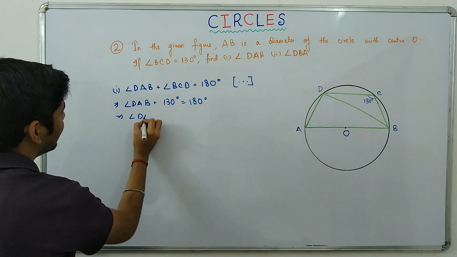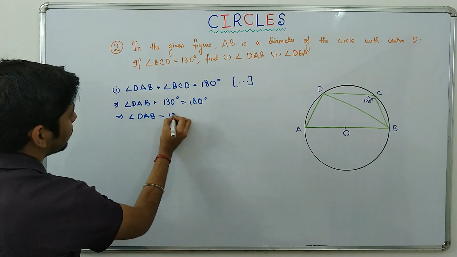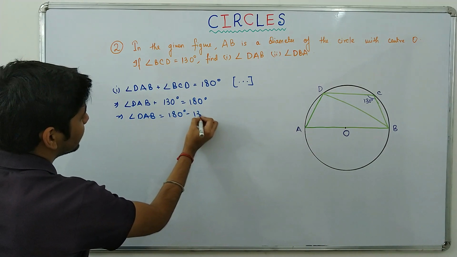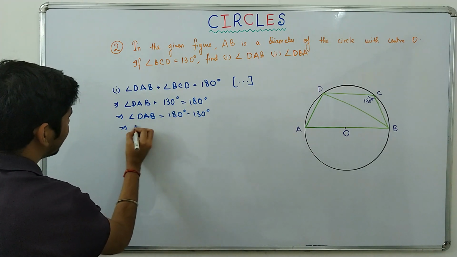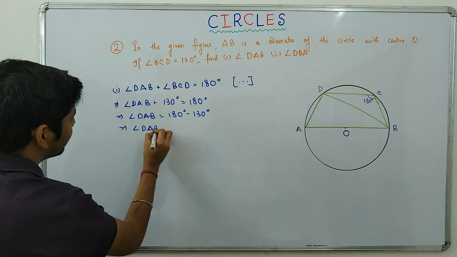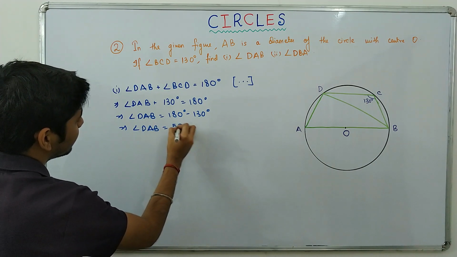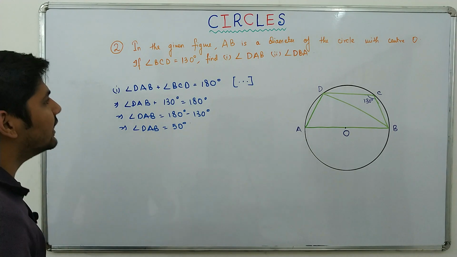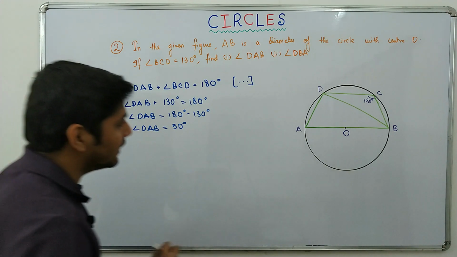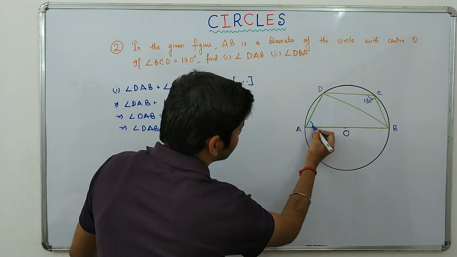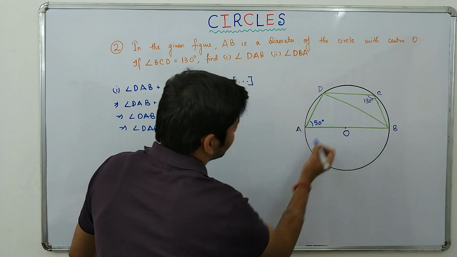So angle DAB is equal to 180 degrees minus 130 degrees. So angle DAB is equal to 50 degrees. So we get our first answer that angle DAB is equal to 50 degrees. So this is 50 degrees.